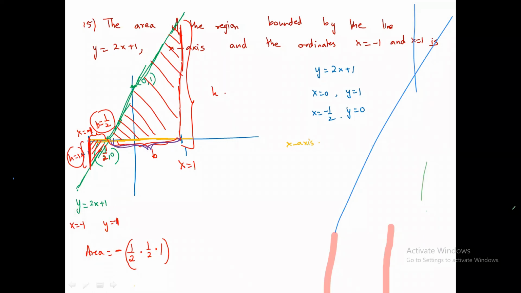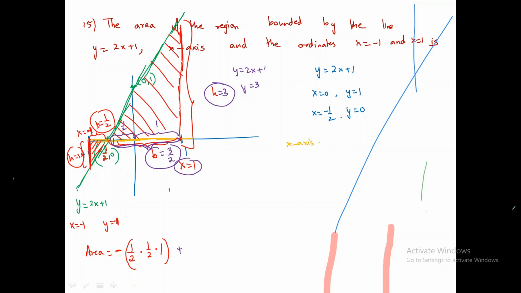From -1/2 to 0, it will be 1/2. And then 0 to 1, it will be 1. So total base will be 1 plus 1/2, 3/2. This base. Height, put x equal to 1 in the equation y equal to 2x plus 1. Y is 3. So the height is 3.